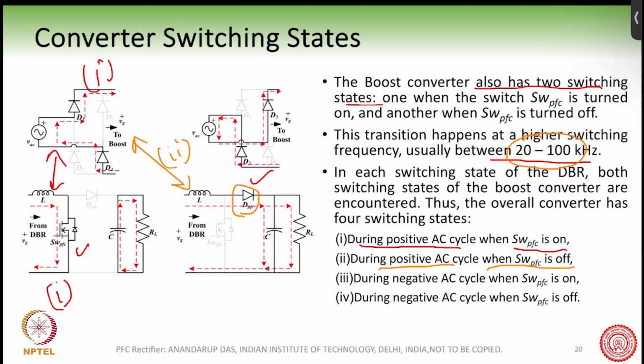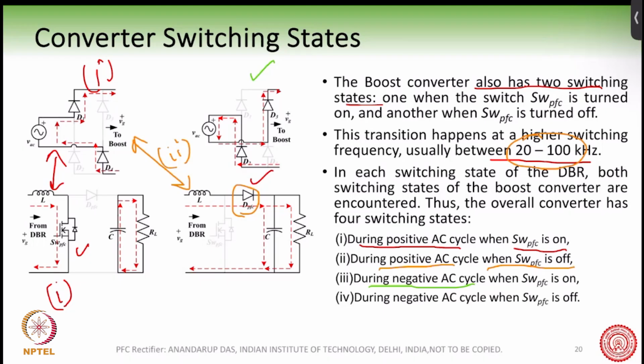Next, we take the condition when the negative AC cycle is happening. This is shown here where D3 and D2 are conducting. During this negative AC cycle, again the boost converter switch or the diode, meaning SWPFC and DPFC, will be conducting.